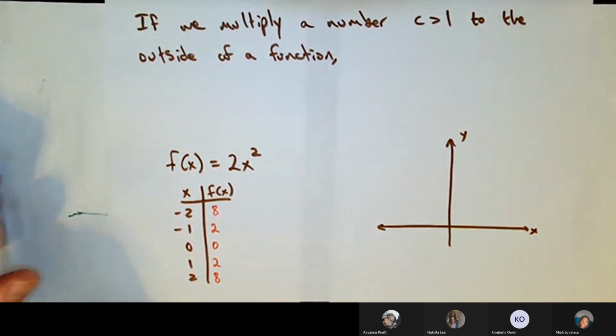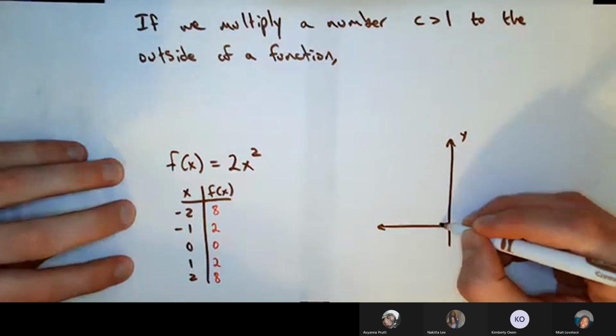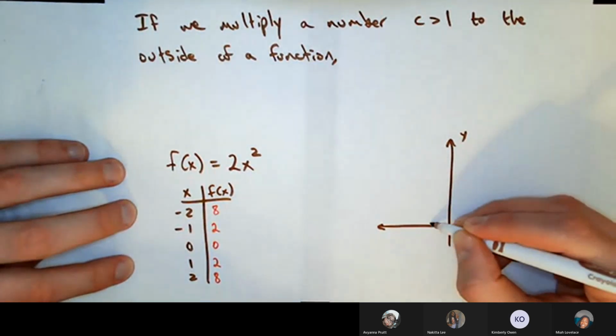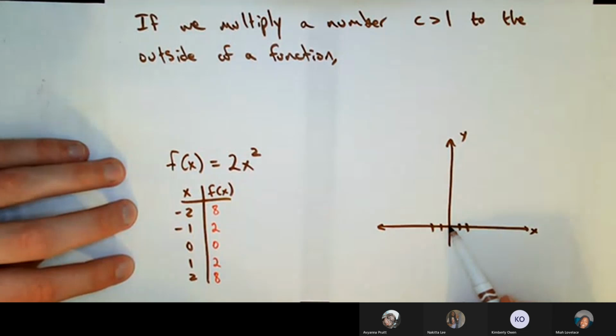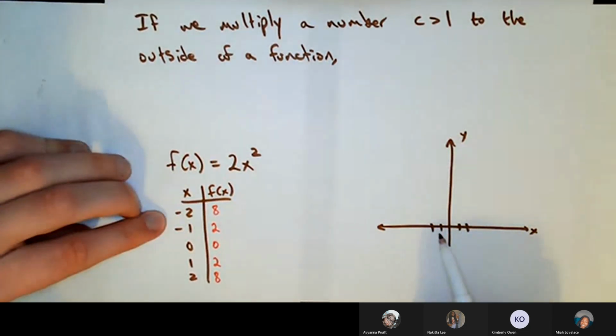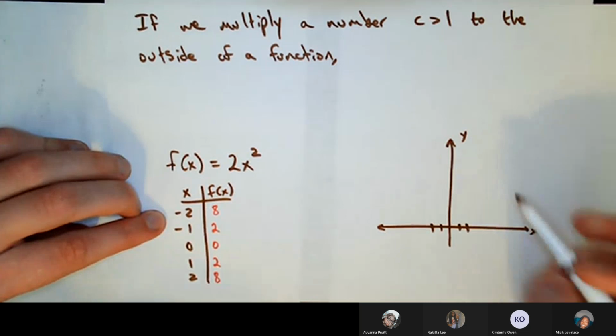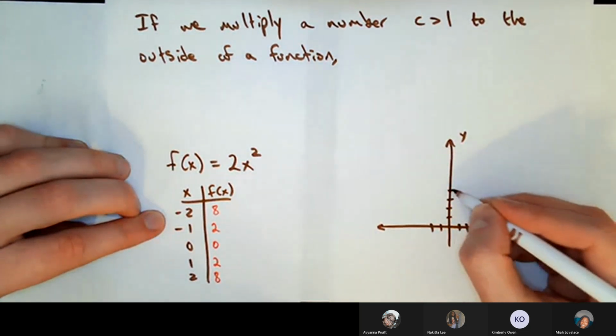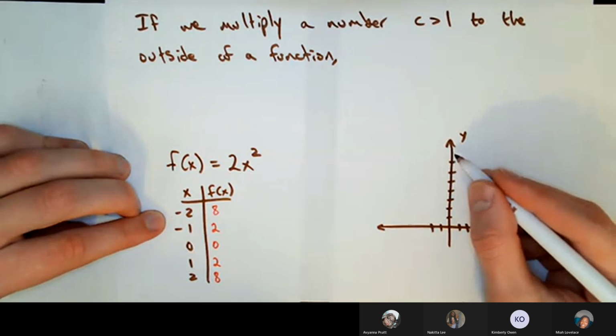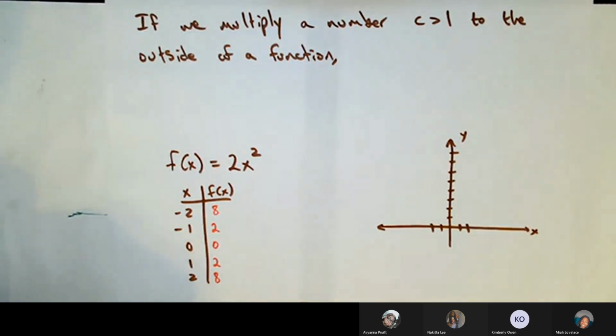Okay. Let's graph these points. So if this is 1, or -1, -2, and then 1 and 2, and of course 0 in the center. These are the 5 x values that I wrote here: -2, -1, 0, 1, and 2. And then I need to go up to 8 to be able to graph these 5 points.